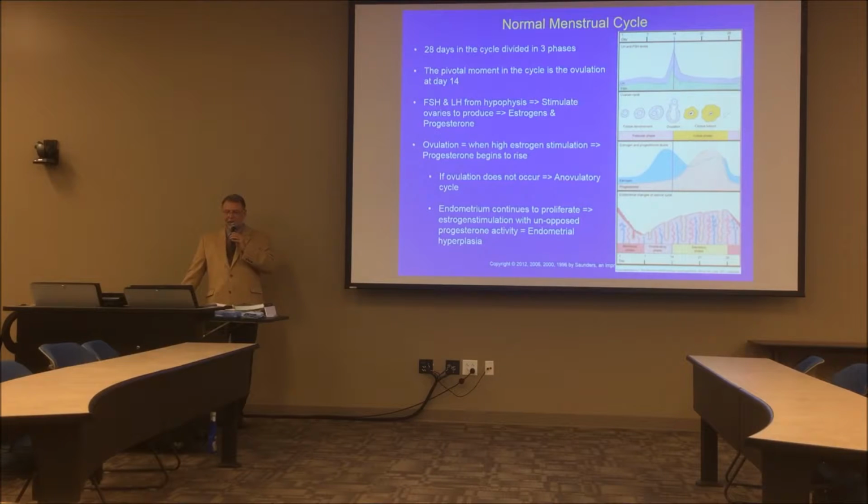So review again your knowledge of the normal menstrual cycle. Think about the phases that happen in those 28 days, and what's happening in the ovary in particular, the levels of LH and FSH in the ovarian cycle.